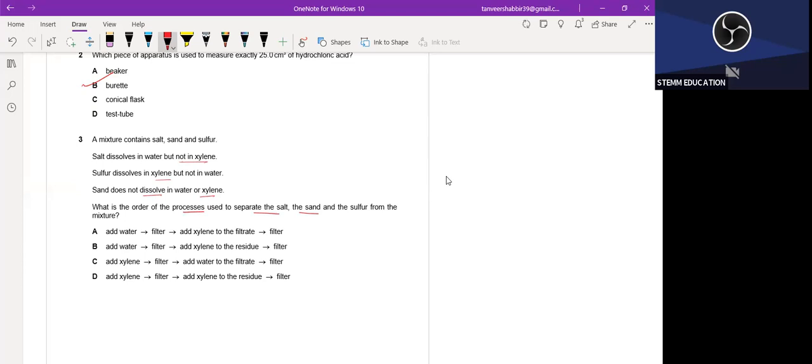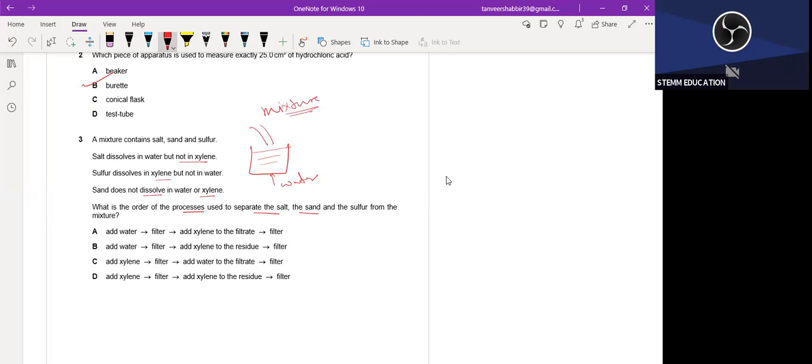First of all, because we know that salt dissolves in water, not in xylene, I will add this mixture into water. Suppose I have a container in which water is present, and I add this mixture.